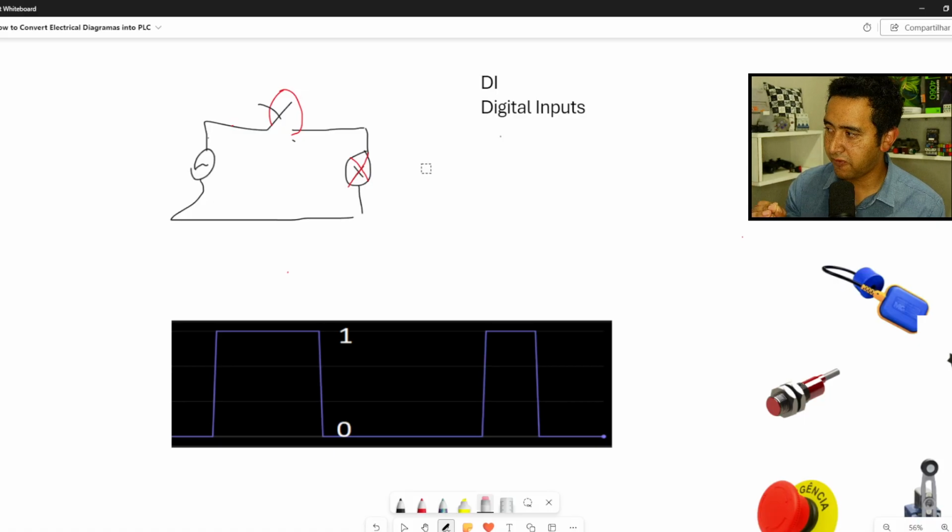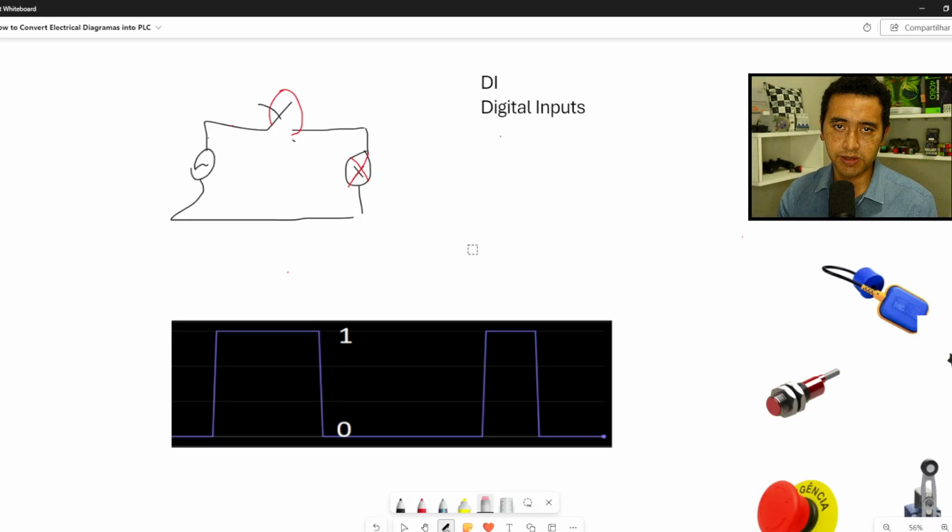Always remember to think about 2 states. A digital input is a signal that has only two states, which can be 0 or 1, like in our image here. It can be false or true. It can be 1 or 0, turned on or turned off.